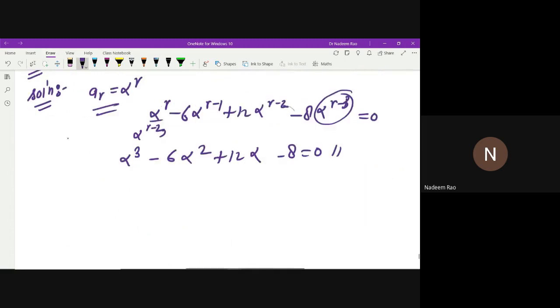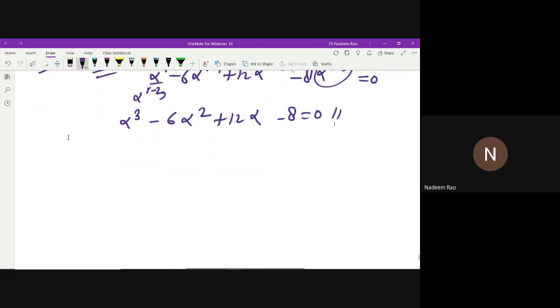So there will be three solutions of this equation: alpha1, alpha2, alpha3. If we see in a proper manner, it's nothing but (alpha - 2)^3. In the next class, I will tell you how we will find the roots of any cubic, biquadratic or quadratic polynomials or equations, so don't worry about it.